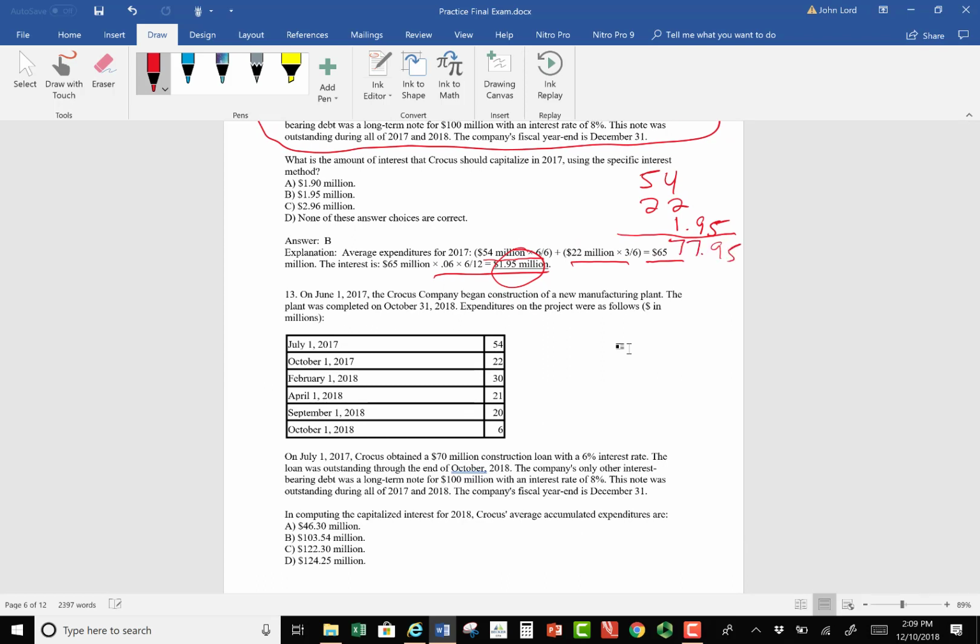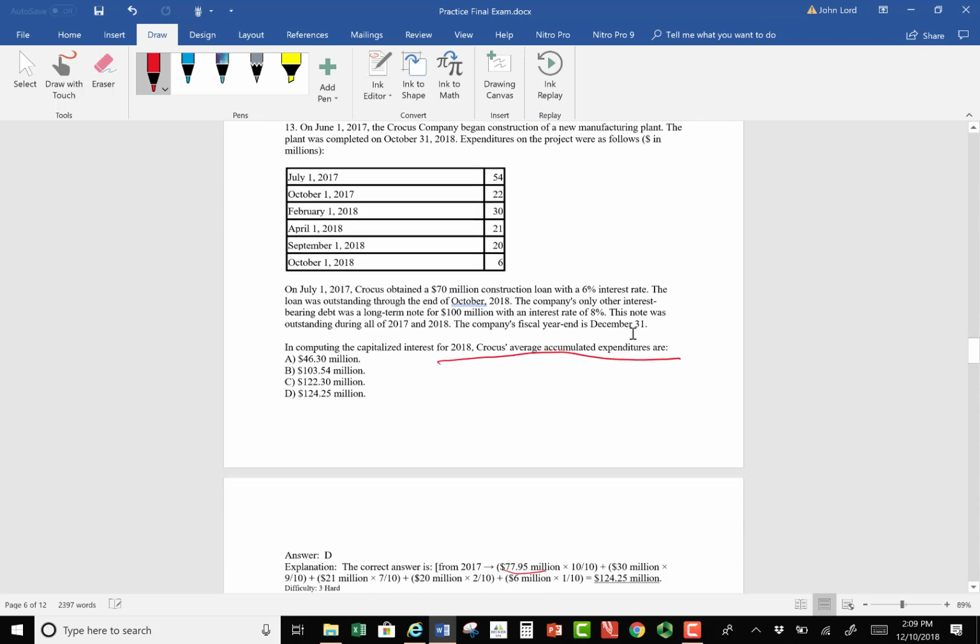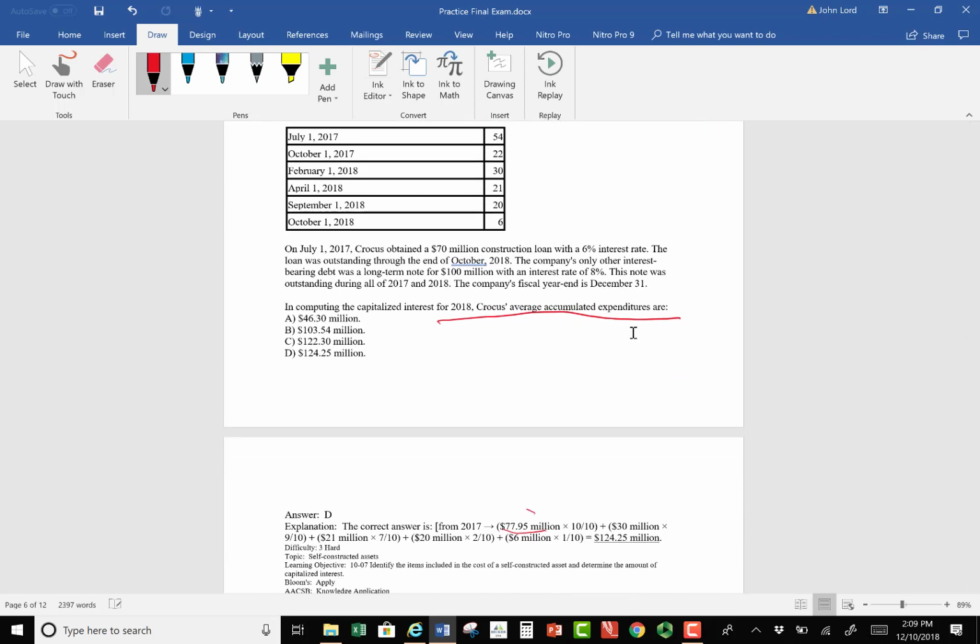When we get into year 2, okay, and they ask me now what should be capitalized, or they ask me what's the interest to capitalize in 2018, I have to count the amounts that were already spent on this, the expenditures already on this, which is the 77.95.